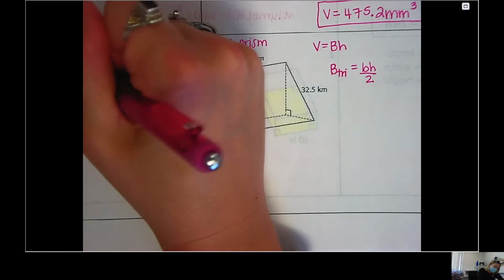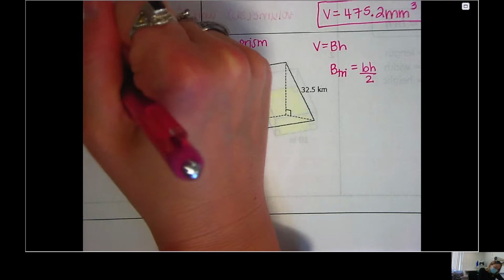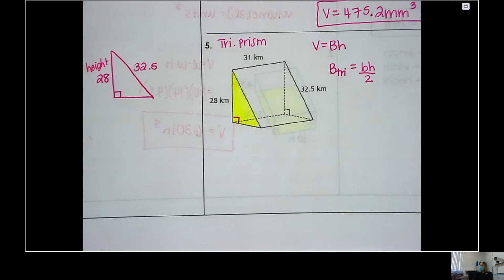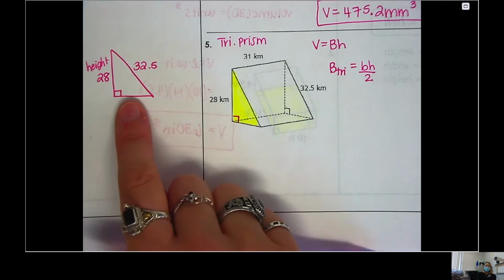This number is the height. Where is the base located? Oh, 32 is not the base. 31 is not the base. 31 doesn't go along with that highlighted triangle. Base would be at the bottom of the right triangle. Now, do you have a number there?